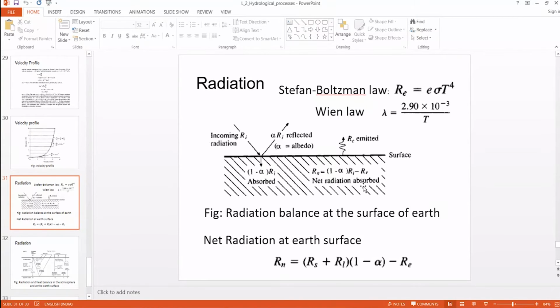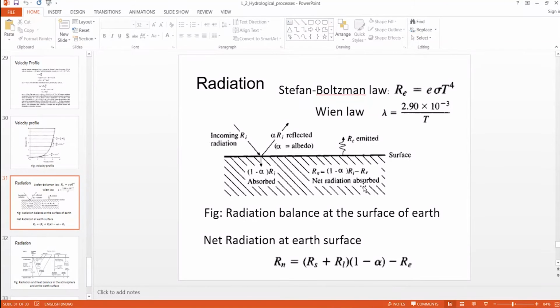When the radiation emitted from the sun travels through the atmosphere, the atmosphere has aerosols. Aerosols are small particles of dust or contaminant.